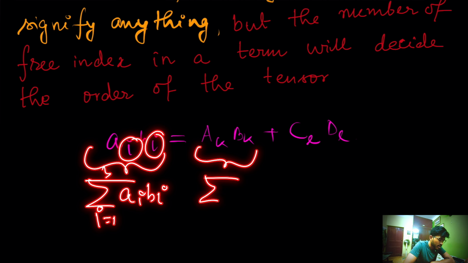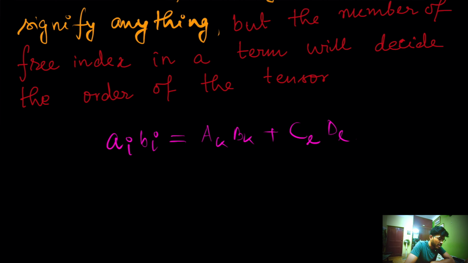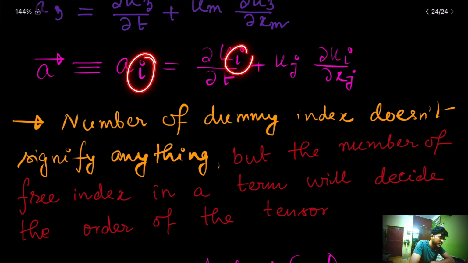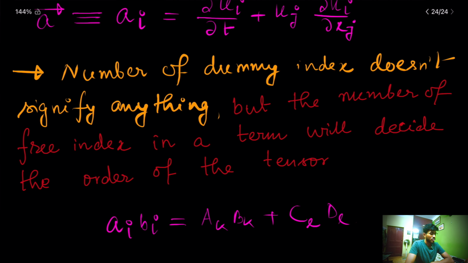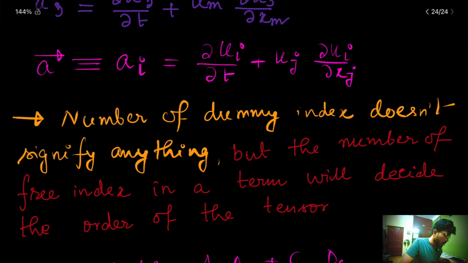Ultimately this is nothing but summation of AKBK, k equals 1 to 3, and it is also the same. So it does not matter if this is I or k or j or m or anything. So dummy indices you can write by any alphabet, but free indices must be the same in the whole equation. Okay, these things are very important.